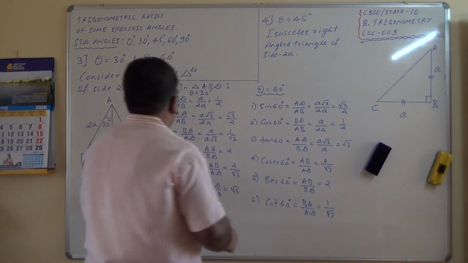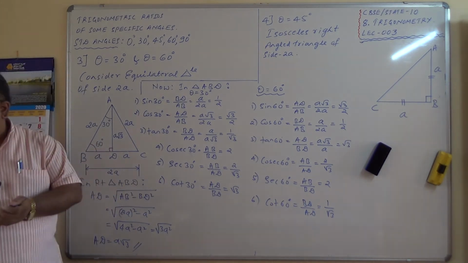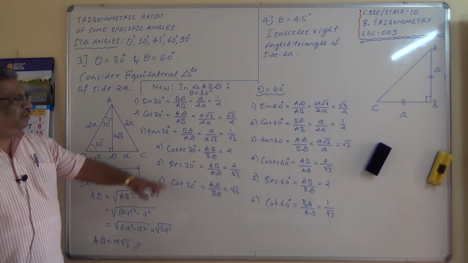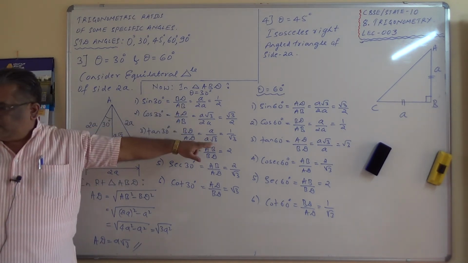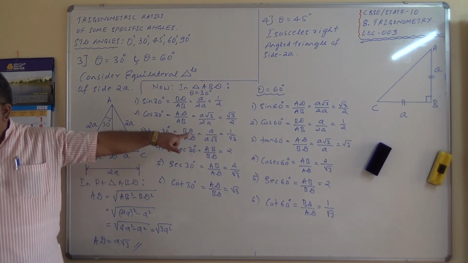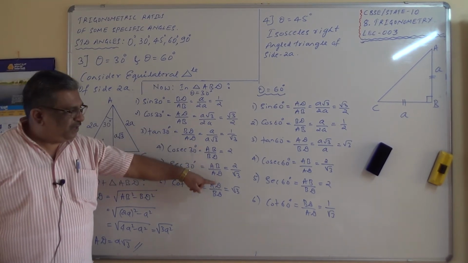So these are 30 degrees and 60 degrees. Let us check this one. 30 degrees: half, root 3 by 2, 1 over root 3, 2 by root 3, root 3.